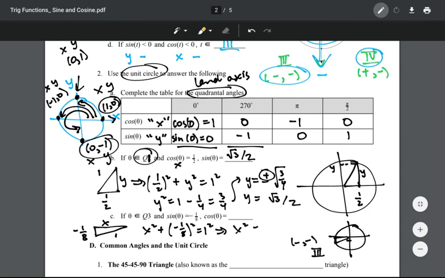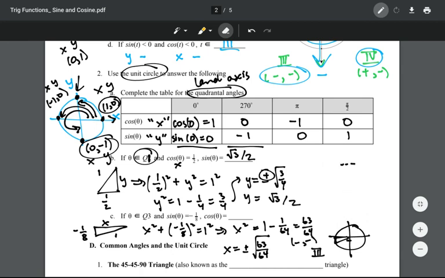So x squared is 1 minus 1/64. That's going to be 63/64. I take a square root. X is plus or minus the square root of 63/64. Square root of 64 is 8.